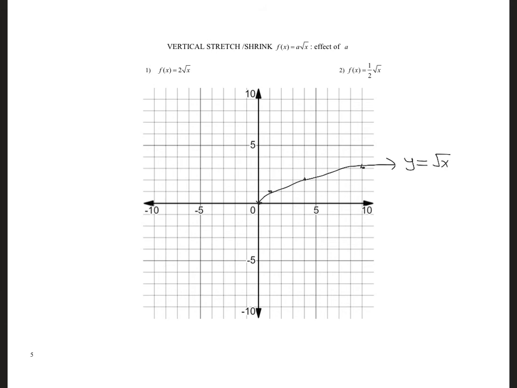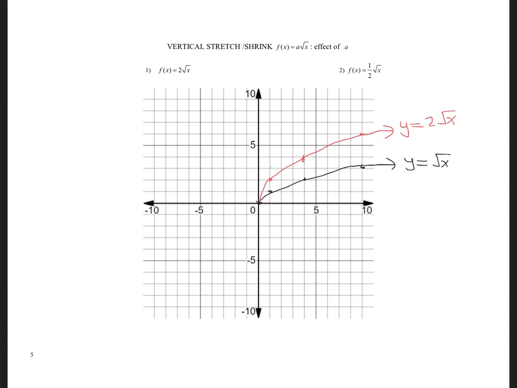Then when I do the transformation for number 1, I'm multiplying every value by 2. So 0 times 2 is 0. 1 times 2, we get 2. And this becomes 4. This becomes 6. So the function is going to be right there. That's vertical stretch. y is equals to 2 square root of x.